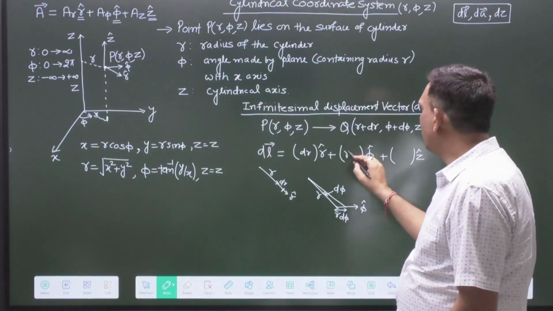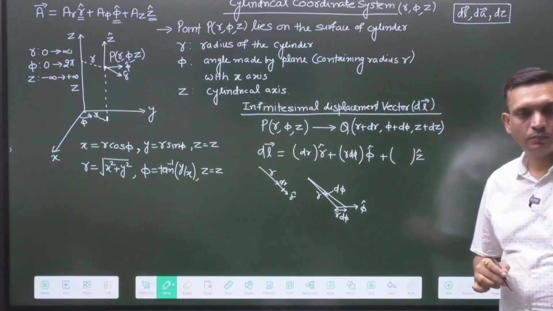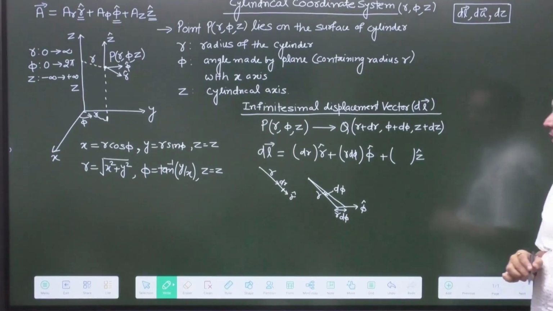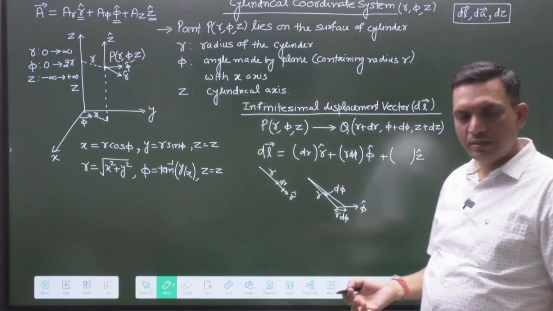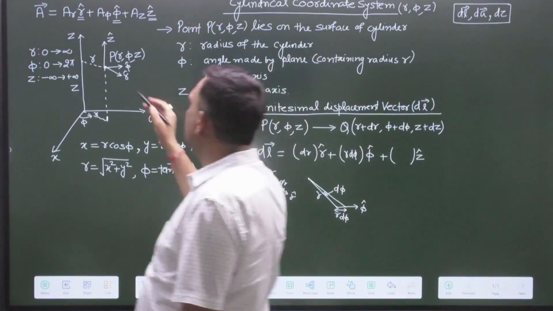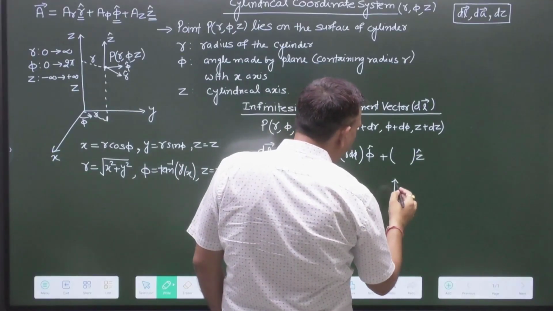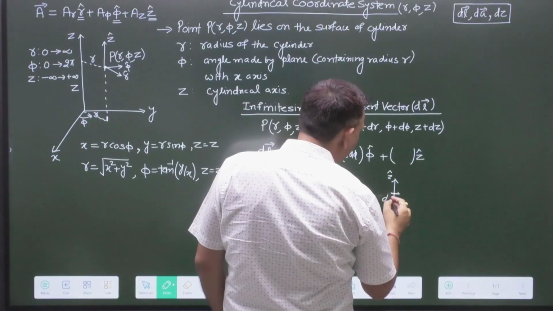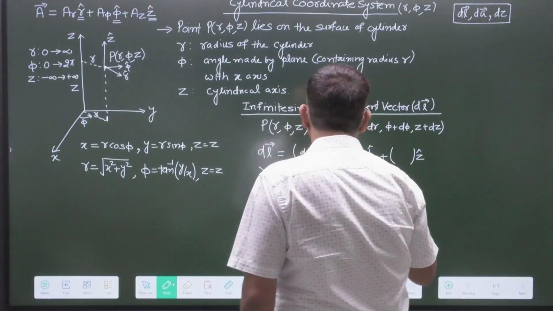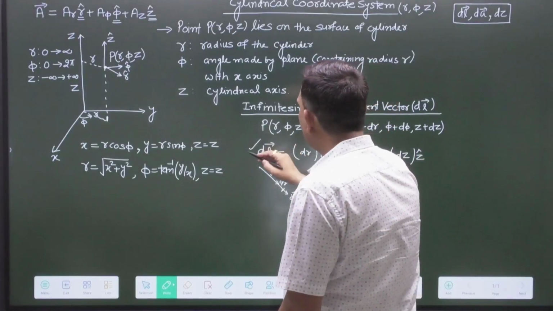And the change along z cap is simply dz. In the z cap direction, this change will simply be dz. So this will be the dl vector in cylindrical coordinates.